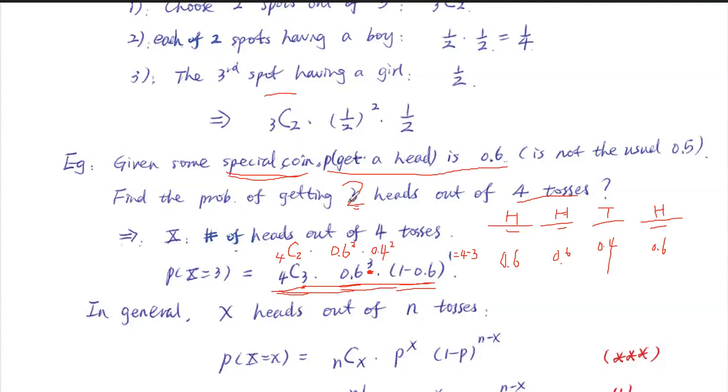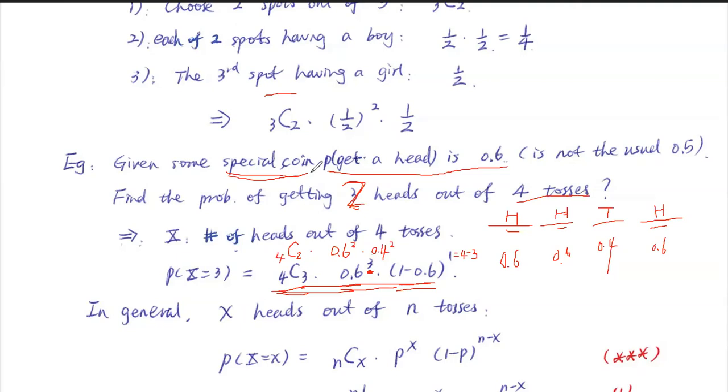Can you help me calculate the probability for me to get 2 heads, 2 tails out of 4 tosses? Is that clear? So you toss the coin 4 times. What's the probability for me to get 2 tails, 2 heads? The only special information here is that it is a special coin.